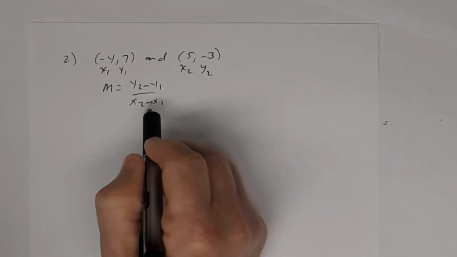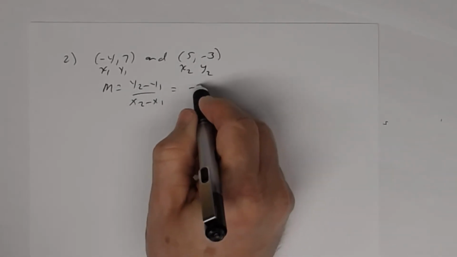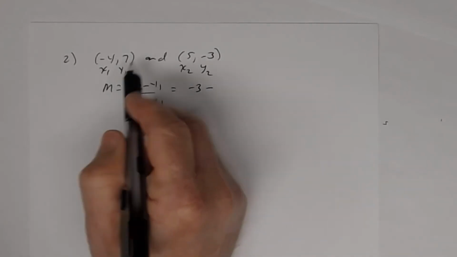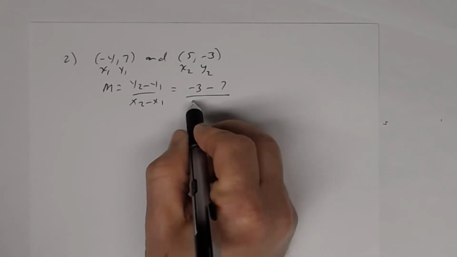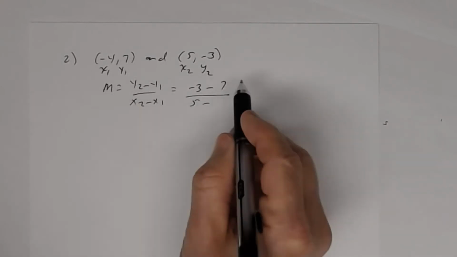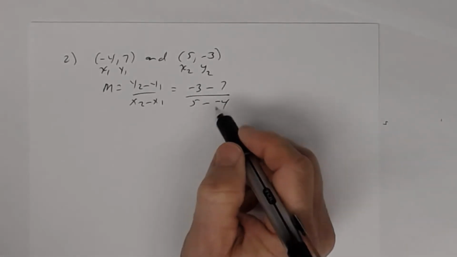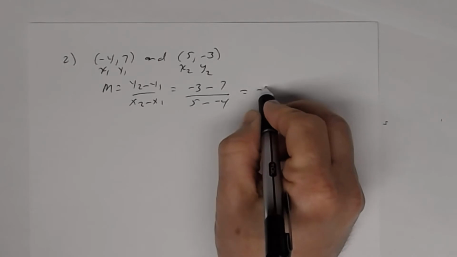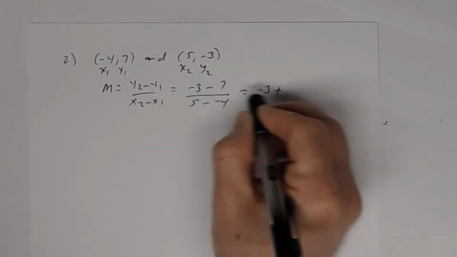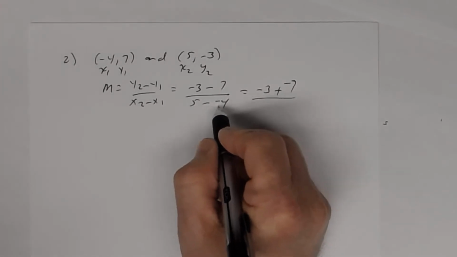And then it's just a matter of substituting. So that's going to equal y2, which is -3, subtract y1, which is 7, divided by x2, which is 5, subtract x1, which is -4. Now, you have all kinds of signed numbers here, so be careful. So -3 subtract 7 means -3 plus the opposite of 7, which is -7, divided by 5 subtract -4.